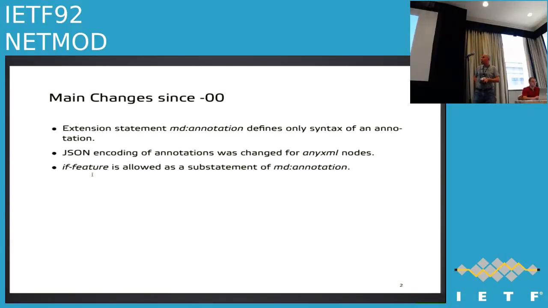So that is now clearly specified in the new revision, and the extension statement defines only the syntax. That means the name of the annotation, the namespace of that annotation, and optionally the type of that annotation, and that's all. Other means have to be used to negotiate and to state rules for the behavior of clients and servers, such as capabilities or other means, but that's outside the scope of this document.